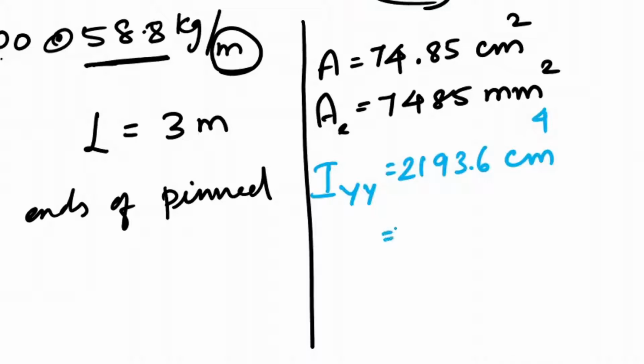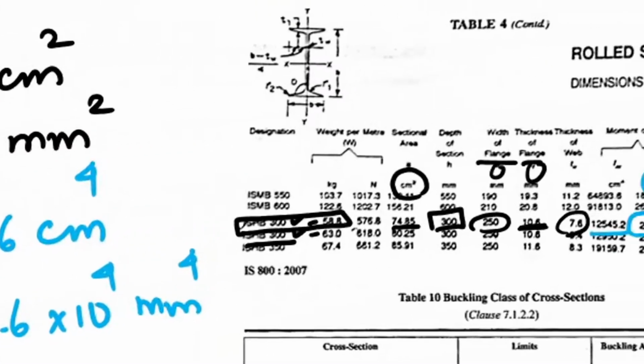If you want to write in mm power 4, then 2193.6 into 10 to the power 4 mm power 4, as 1 centimeter is 10 mm. I am not going to write IXX here because it is always more than IYY, so I'm not worried about XX. As far as a column is concerned, we always have to think about the least value of moment of inertia and the least value of radius of gyration.